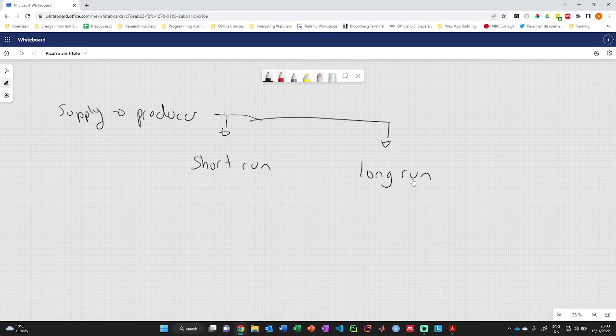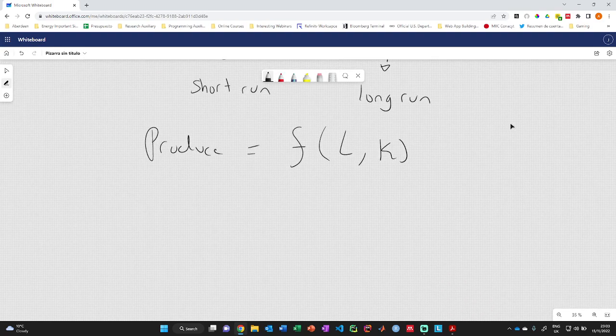Remember, because we're now focused on the producer side of things, the supplier, we now have that the supplier can produce with this production function. The production is a function of normally some kind of labor or capital. We can have a little more, but let's stick to this very simple production function at the moment. The thing is that we have two factors of production.